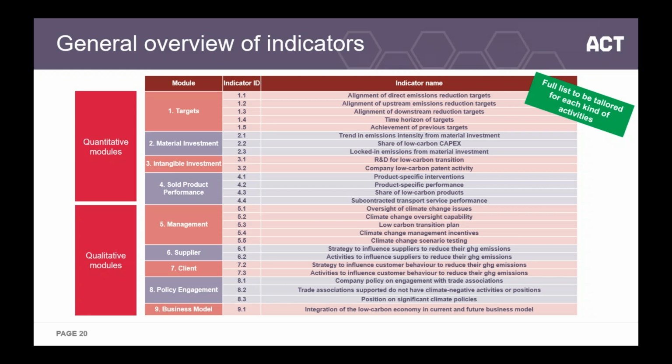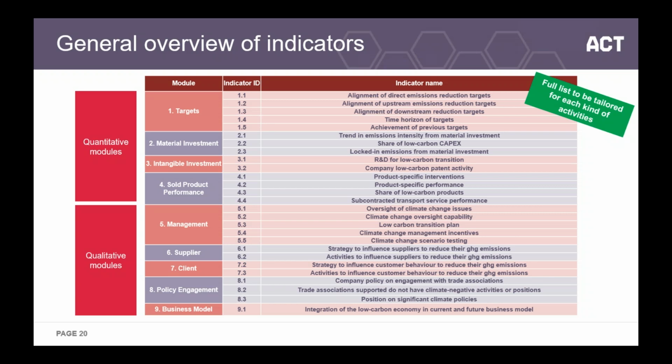We go further and we then assess the company every time an ACT assessment is done, or we enable assessment of the company against that target. As you can see on the overview, which Leo has helpfully included there, we have many modules within ACT. Targets is just one of them. So we go beyond just the target.